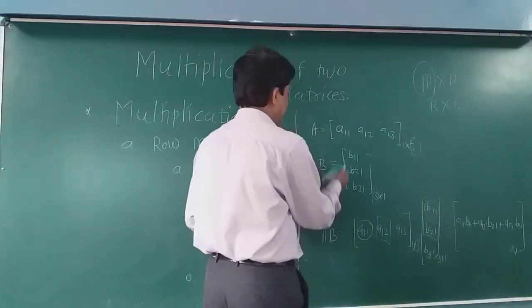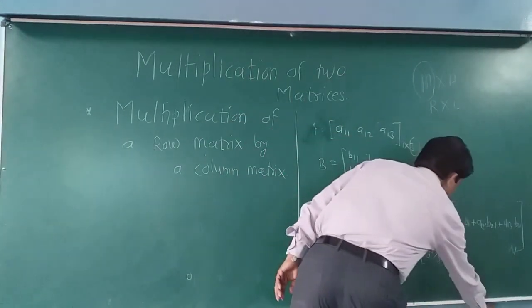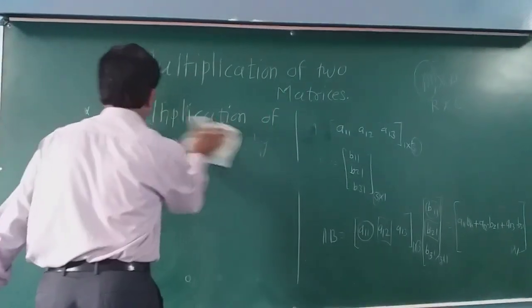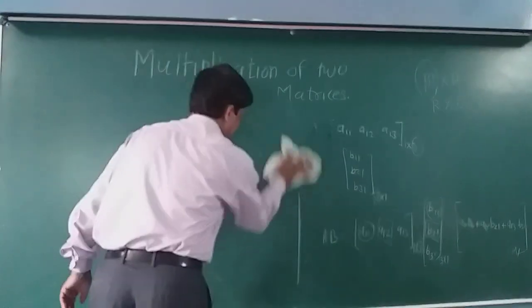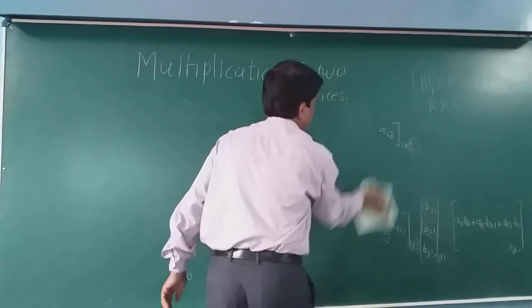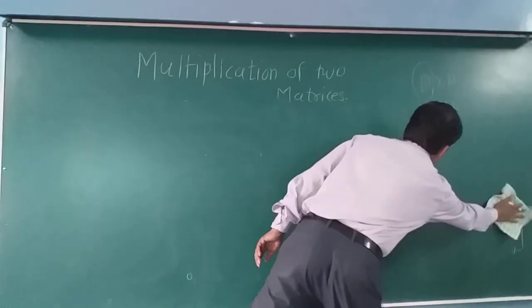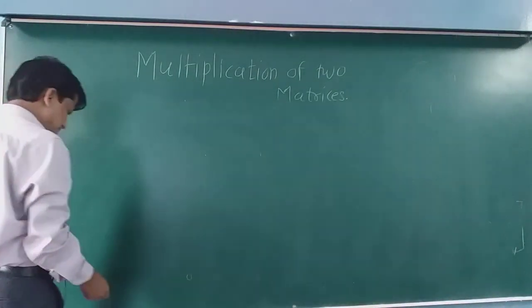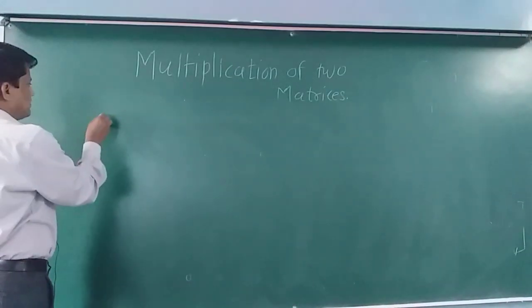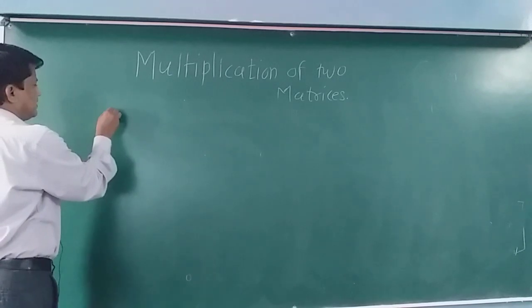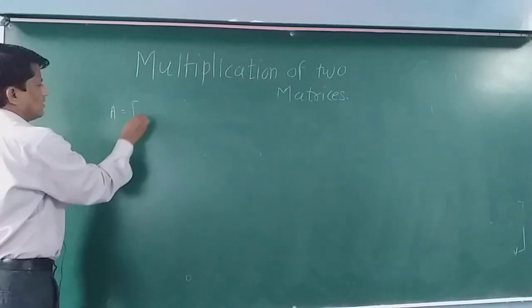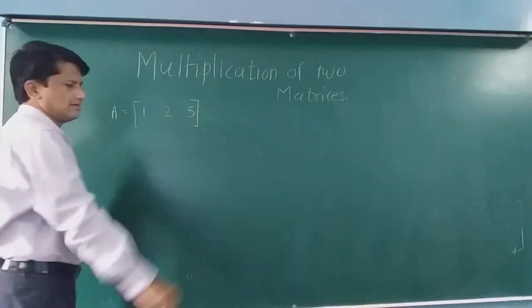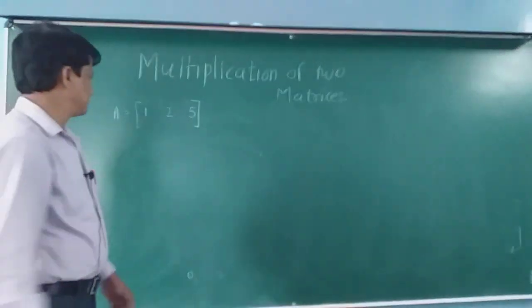Okay, let us take an example for solving this type of matrix multiplication. Suppose a matrix A is given: 1 2 5. Look here, this is a matrix.